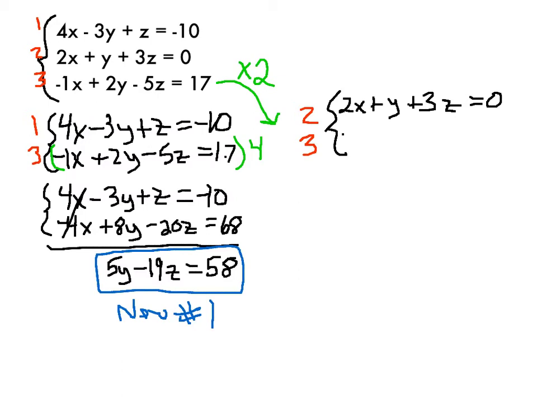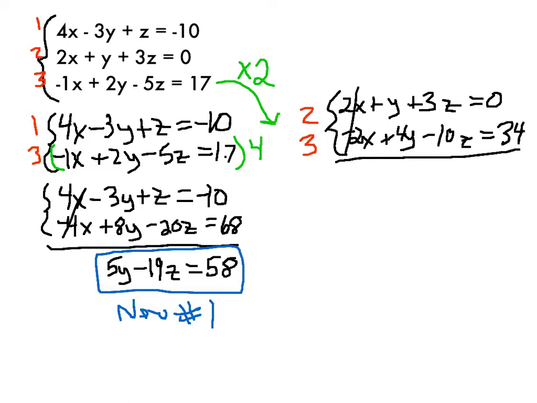When I do that, I get a minus 2x. And 2y times 2 is a plus 4y. Minus 5 times 2 is a minus 10z. And 17 times 2 is going to be equal to 34. Now, when I add down, my x's will cancel.